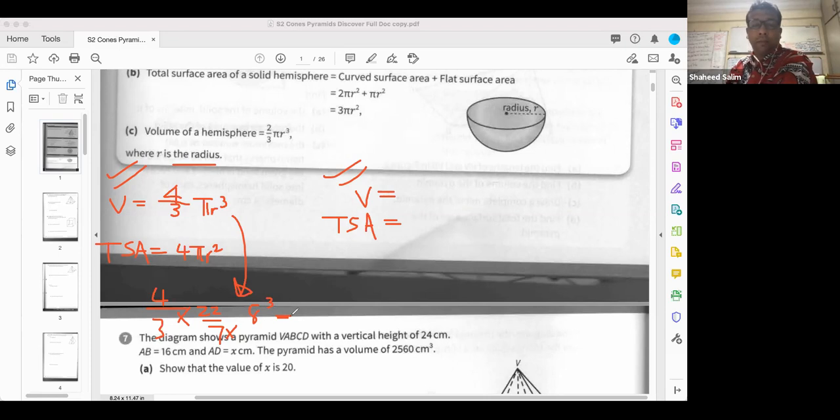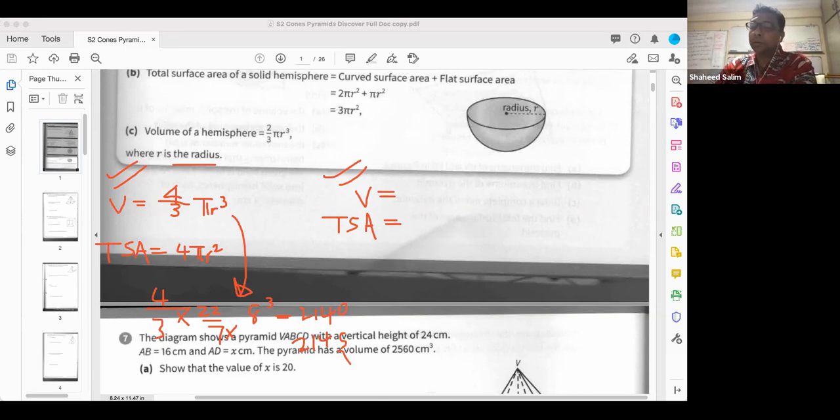So what do you all get? Okay, the book answer says 2140. I got 2145. I do not know what this book answer is. A little bit running away. That's for volume. Total surface area, you all know what to do, right?